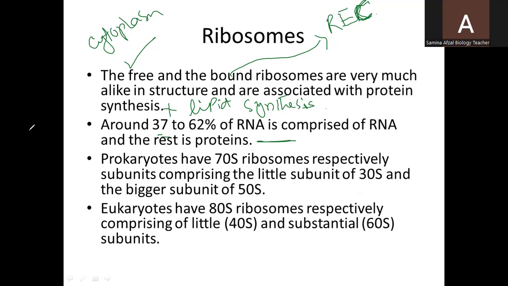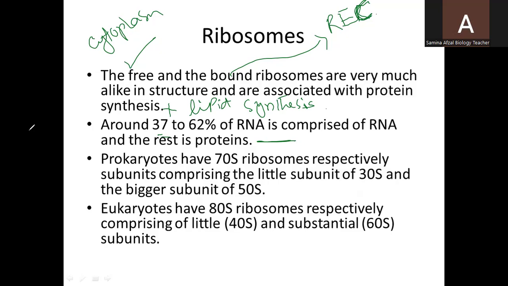Then, prokaryotes and eukaryotes. Prokaryotes don't have a membrane-bound or proper nucleus, and they have different types of ribosomes.